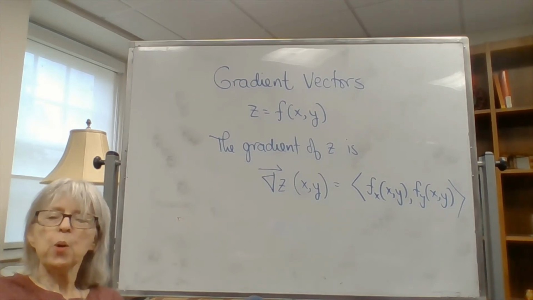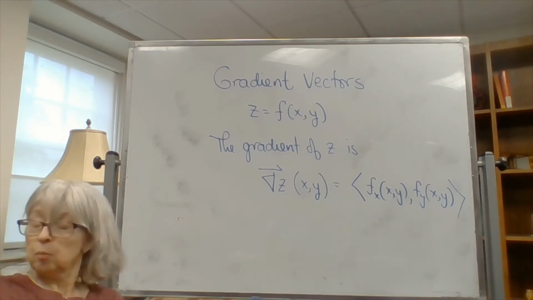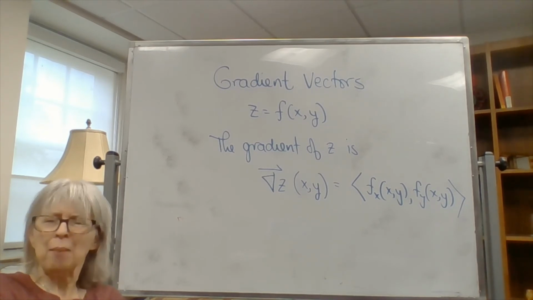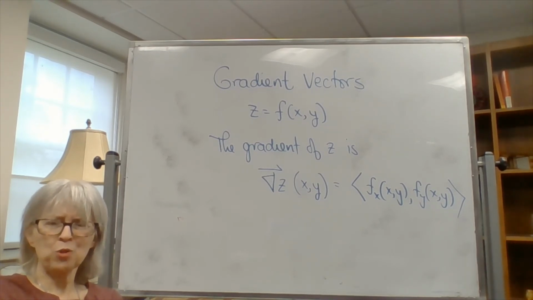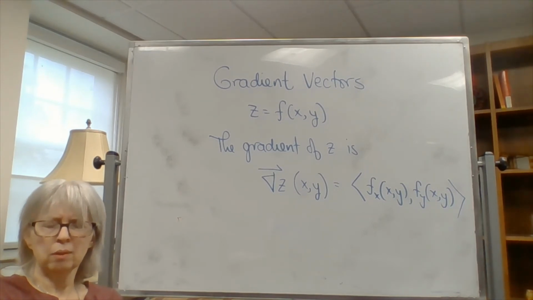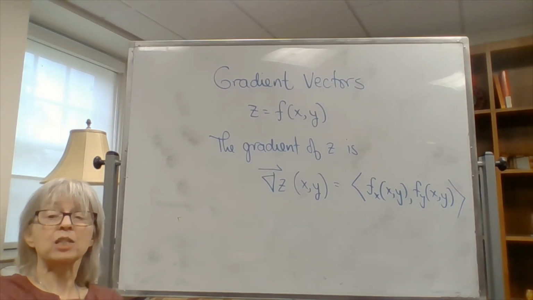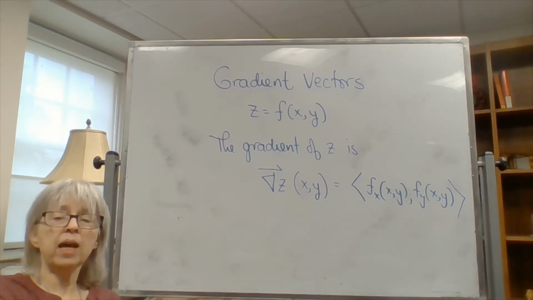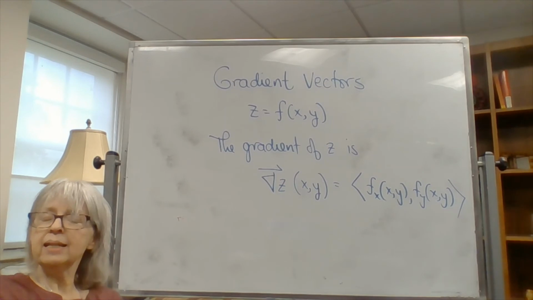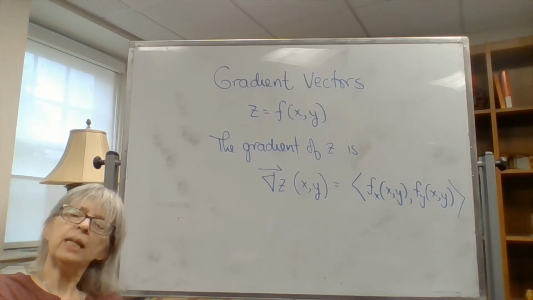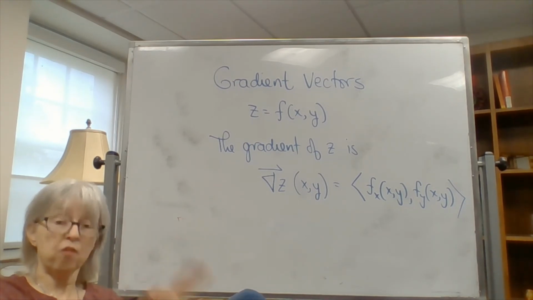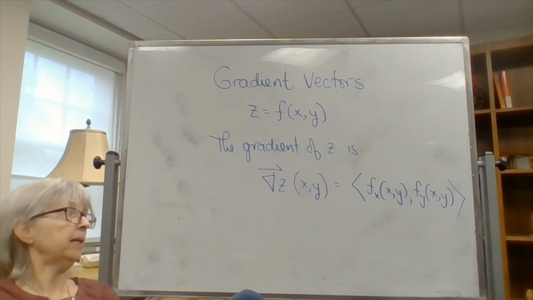And they're just composed of the components you get when you take your first partials and put commas in between them. And you put the partials in the same order as your variables. So if you have a function of x, y, then your gradient is also a function of x, y. And it is the vector you get from looking at the partial with respect to x, comma, the partial with respect to y, which are also both functions of x and y.